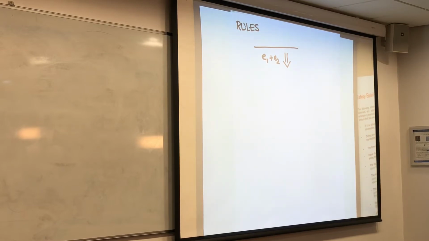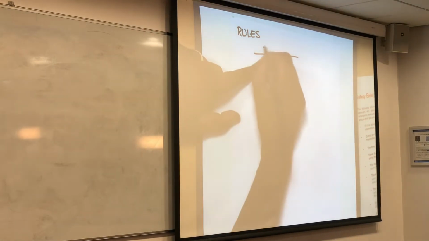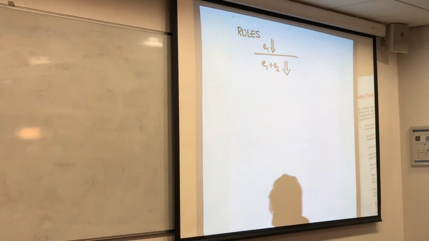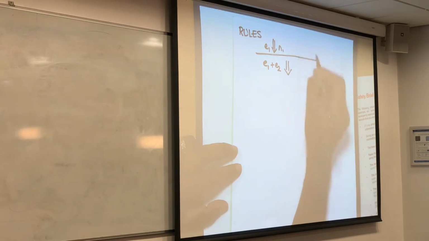On the bottom, below the horizontal line, I'm going to write the expression I want to evaluate. Do you remember in the first lecture we said, you process the subtrees and then you do the overall answer. So the natural first thing to do is to ask yourself, what does E1 evaluate to? Let's say it evaluates to some number N1. And then maybe E2 evaluates to some number N2.